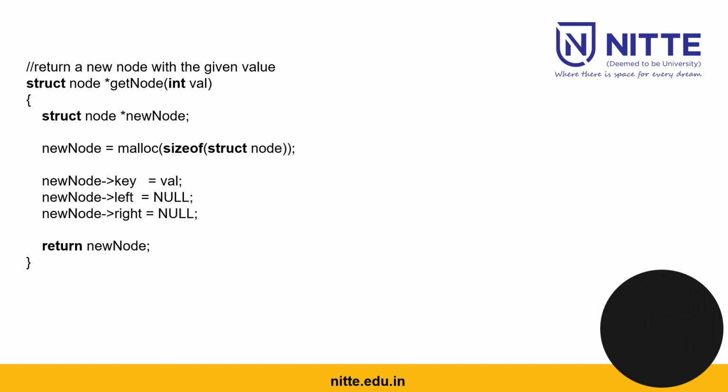So that is why I will use the malloc function, and I will write sizeof struct node, and of that size, whatever size the node requires, that memory will be allocated to that new node. Okay, and then newNode key is equal to the value that I am going to enter here. So that will be taken as the new node key. And newNode left I will take as null, and newNode right also I will take as null. Then it will return newNode. So this is how we will return the new node here.